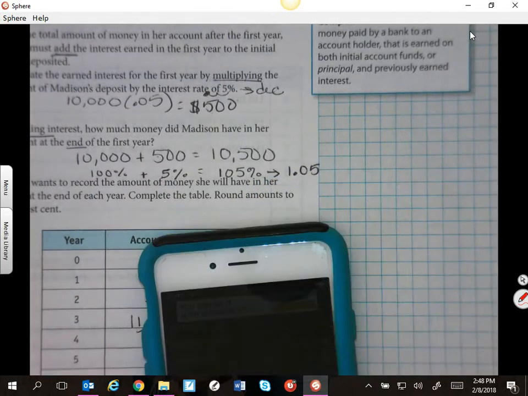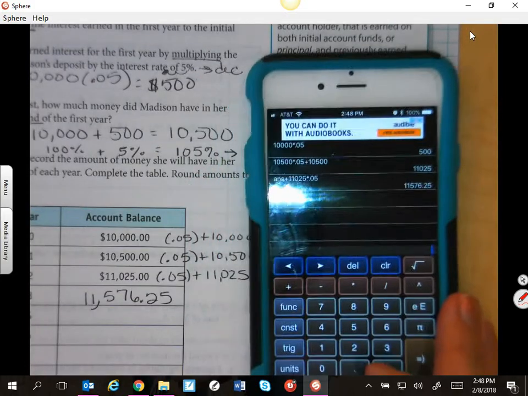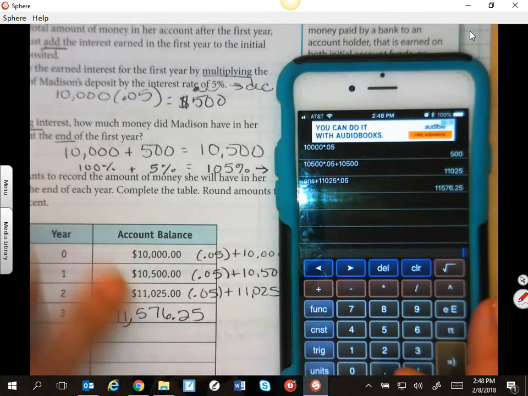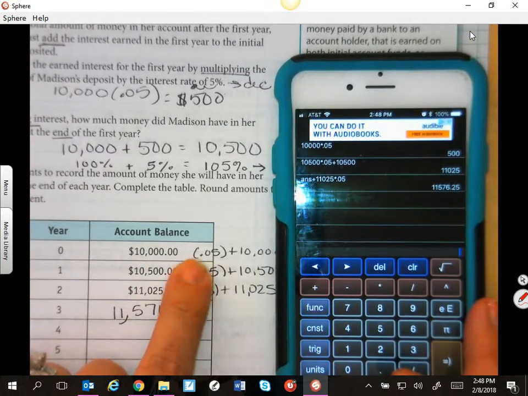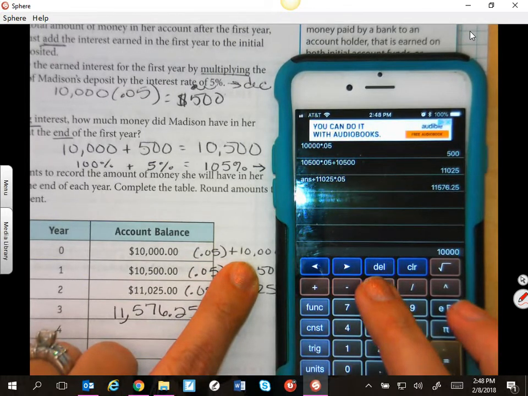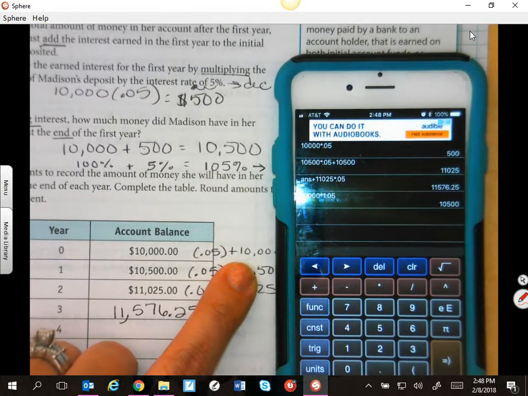So I can easily go through on my calculator, and instead of saying 10,000 times 0.05 plus 10,000, could I just say 10,000 times 1.05? And it's already added it back in there.